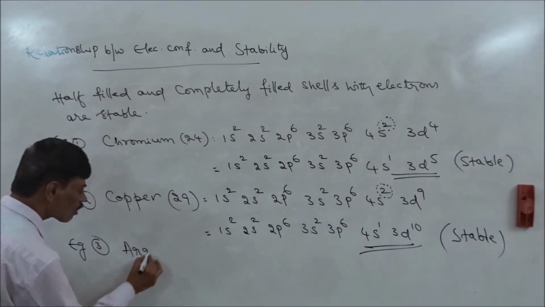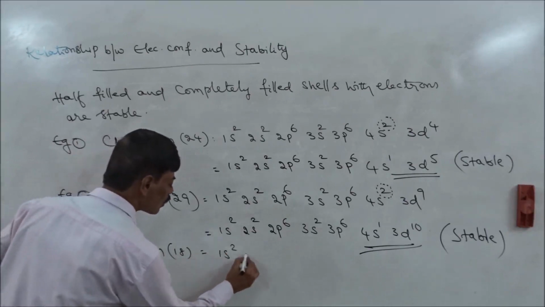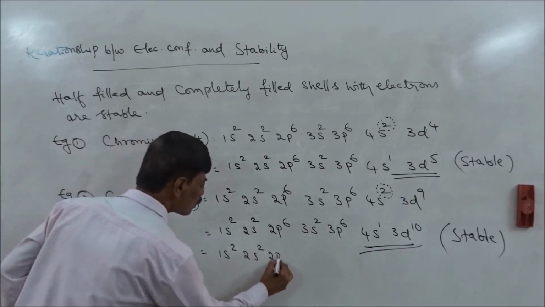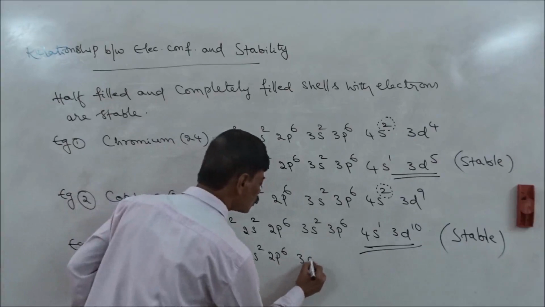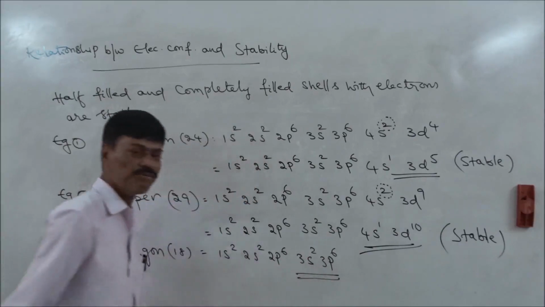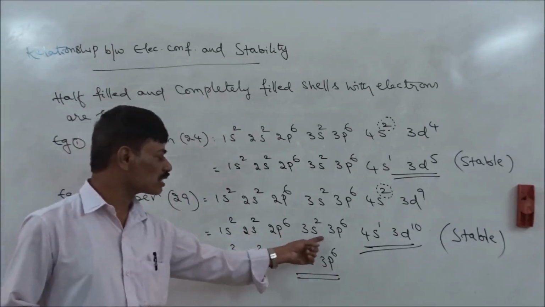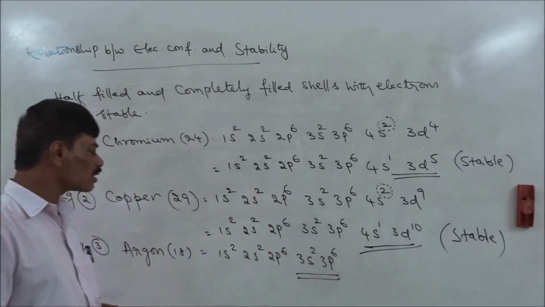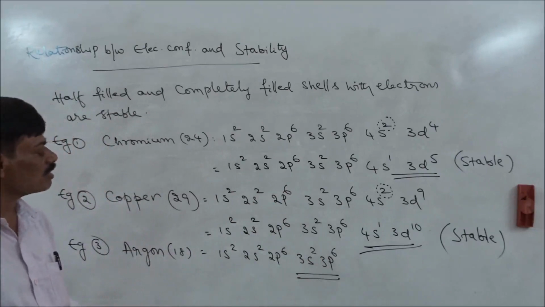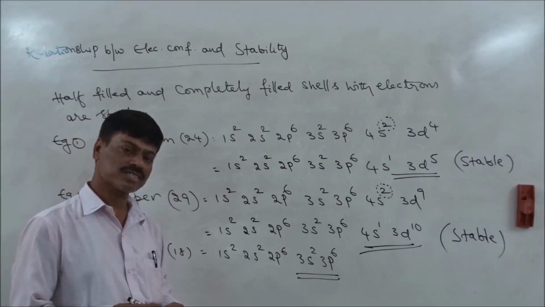That is argon. Atomic number 18. Electronic configuration 1s2, 2s2, 2p6, 3s2, 3p6. Now this is the outermost shell which is completely filled, and that is equal to 8 electrons present in the outermost shell. The arrangement or distribution of these electrons, how all the electrons are distributed, is said to be electronic configuration.